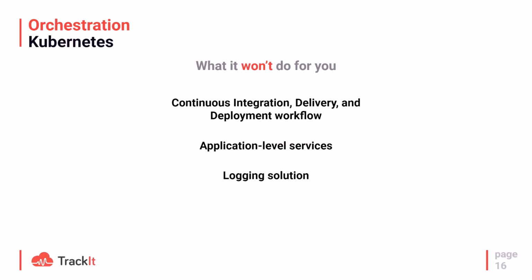Kubernetes also does not provide any logging solution. The only logs you're going to have are what are called the hot logs. It's the direct output of your running containers. So as soon as your containers are shutting down, you're going to lose those logs, but you can still see them in real time if you need to, if you have to do hot debugging.